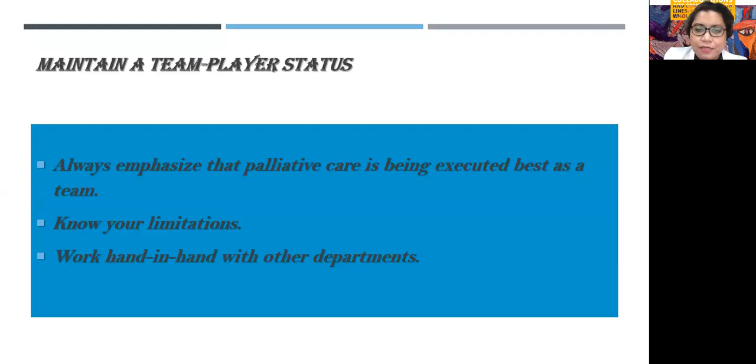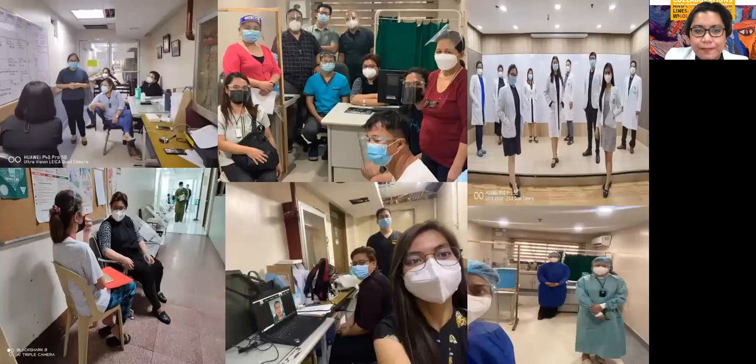Always emphasize that palliative care is being executed best as a team. Know your limitations, work hand in hand with other departments or collaborating services. As you can see here, this is the actual scenario in the medical center.